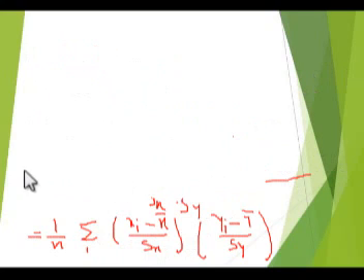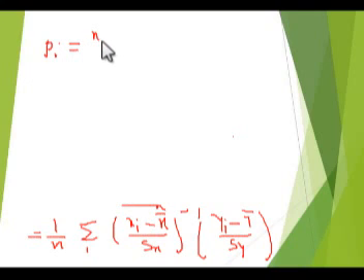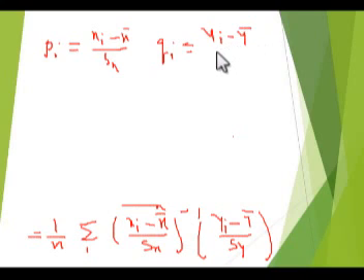Now I am taking that the first one is equal to Pi, and Pi is equal to xi minus mean x by standard deviation of x, and Qi is equal to yi minus mean y by standard deviation of y.